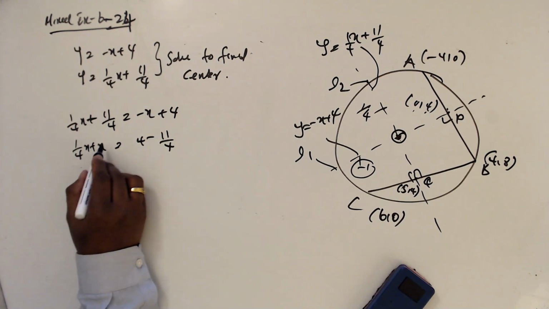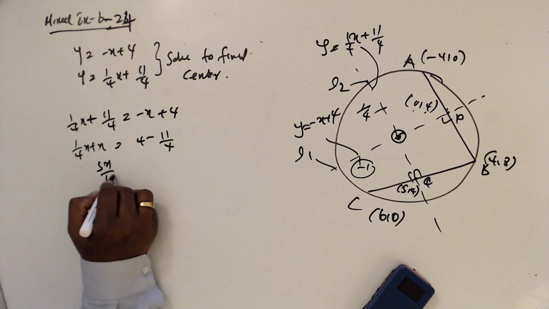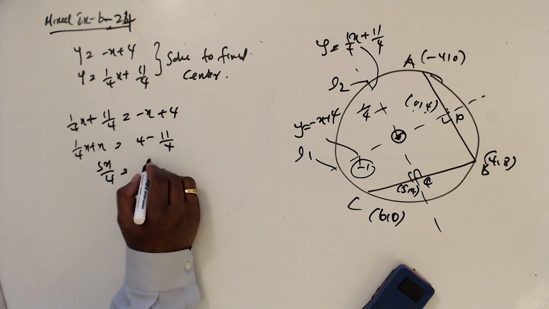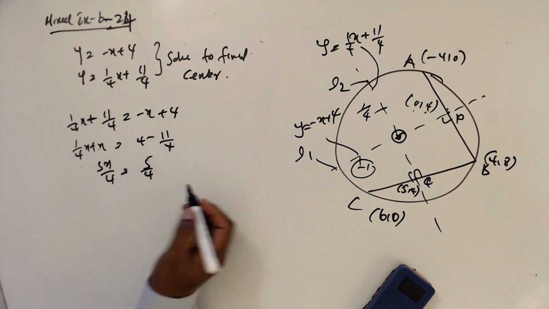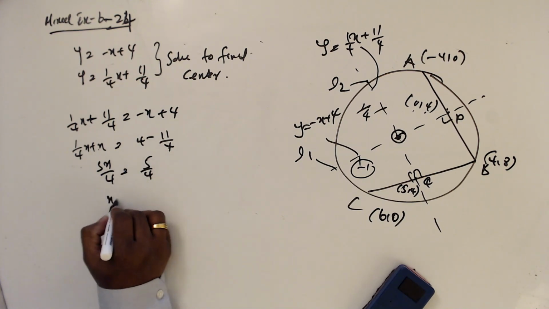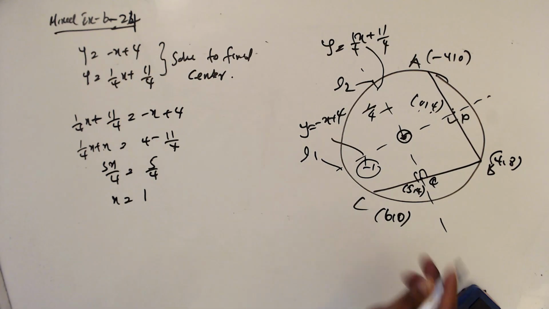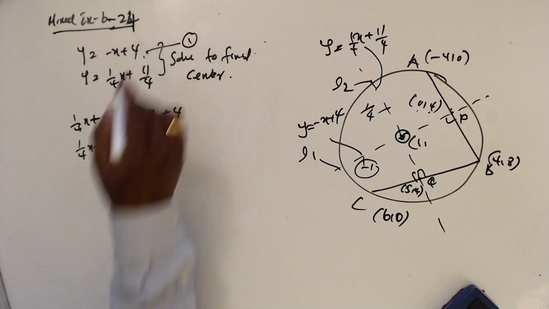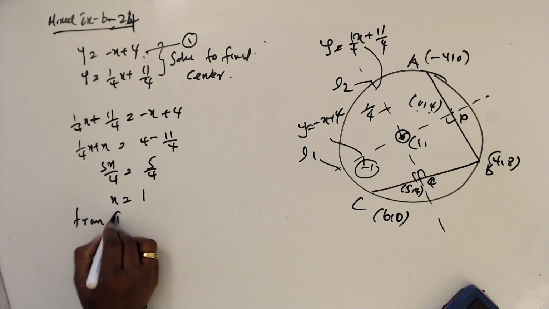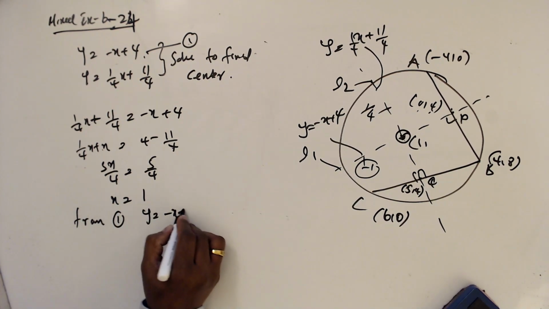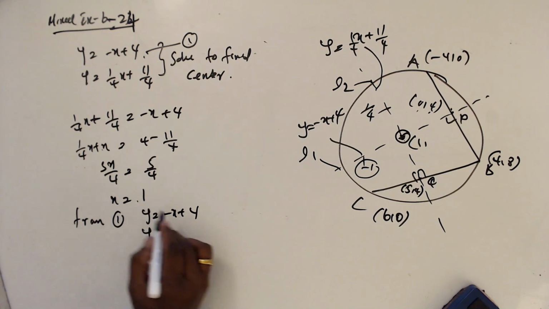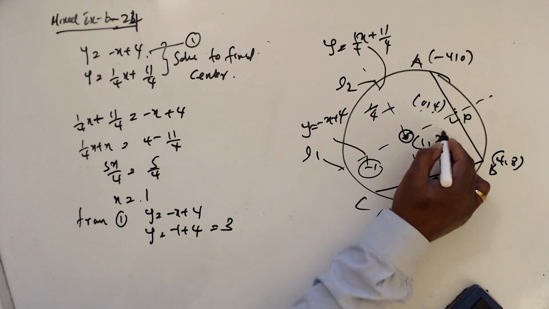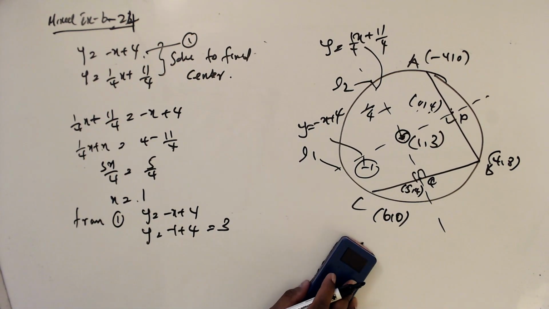This is going to be 5x over 4 equals 16 minus 11 over 4, which is 5 over 4. Now x equals 1. So the x value is 1. Now from y equals minus x plus 4, the x value is 1, so minus 1 plus 4 gives 3. So this is the center. Now we know the center.